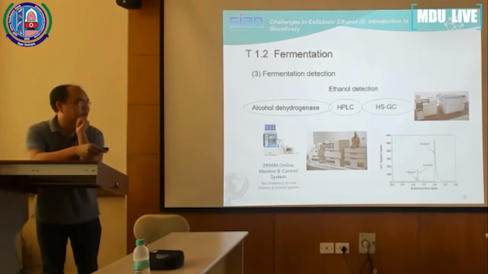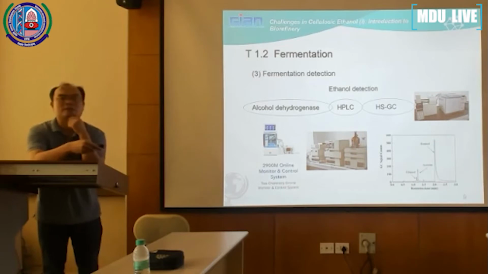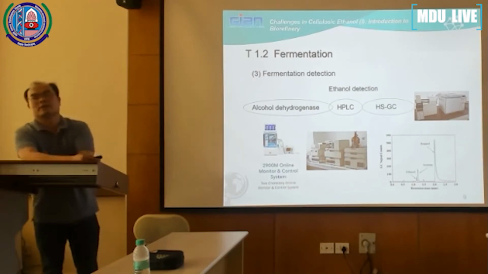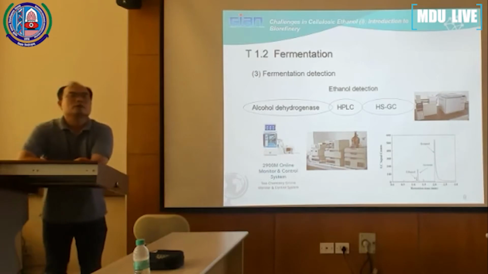In the headspace there is an oven, and the temperature is very high, so the water and the ethanol evaporate. Then we use the GC to detect the components of ethanol. Very fast. In a few minutes, 1 to 3 minutes, we can test ethanol, acetone and butanol simultaneously. How is this HSGC different from simple GC?